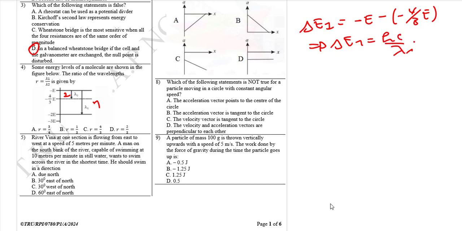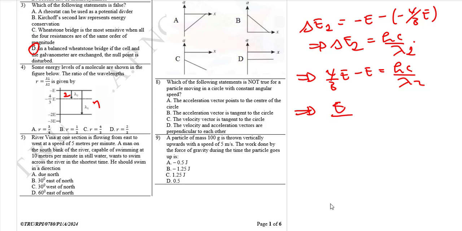Now I'm dealing with transition 2 here, so it will be lambda 2. So that will be 1/3 E minus E is equal to Hc on lambda 2. So this implies that E on 3 is equal to Hc on lambda 2. We'll call that equation 1.